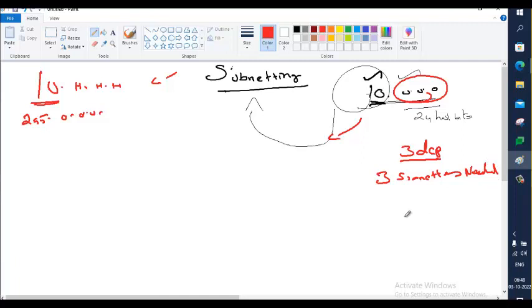If 3 subnets are needed, how many bits in this octet I should give needs to be calculated. 10 dot 1, 2, 3, 4, 5, 6, 7, 8.